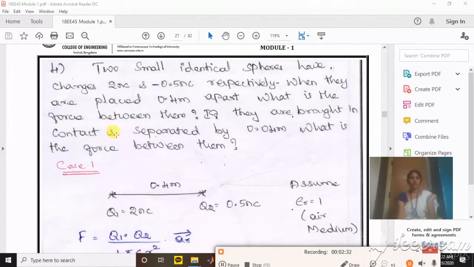And if they are brought in contact and separated by 0.04 meter, what is the force exerted between them? That we need to identify. So the first subdivision is, when they are placed 0.4 meter apart, what is the force? Two charges, Q1 is 2 nanocoulomb and Q2 is minus 0.5 nanocoulomb, separated by a distance of 0.4 meter.